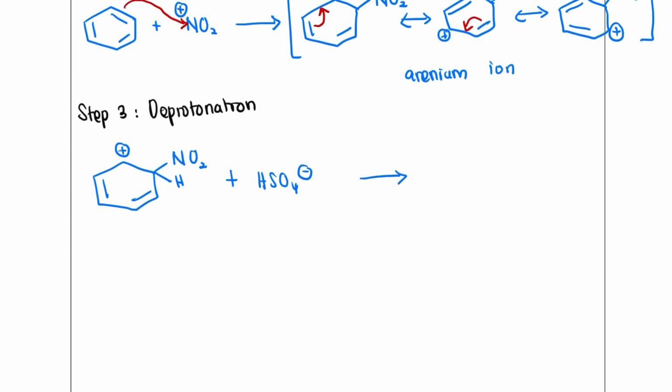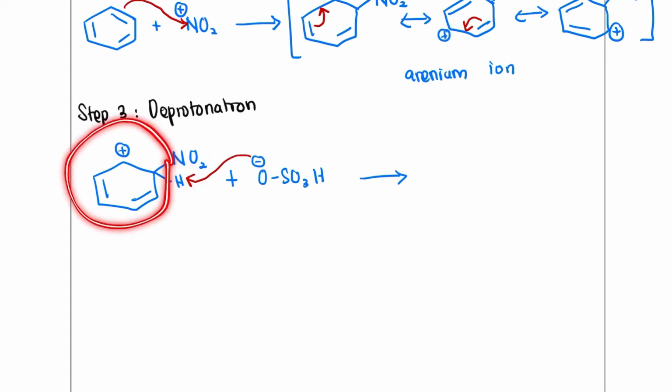Okay. Alright, so next arrow kita dari mana? Okay, so kalau kamu rasa uncomfortable to use this one, you can use yang tadilah OSO3H, the negative is here. So kita start this one, pergi ambil this hydrogen here. Okay, but we just want this hydrogen, okay, not the entire structure here. So we need to break the bond here. So when this bond breaks, okay, this electron is used to form a new bond, which is a double bond dekat sini lah.